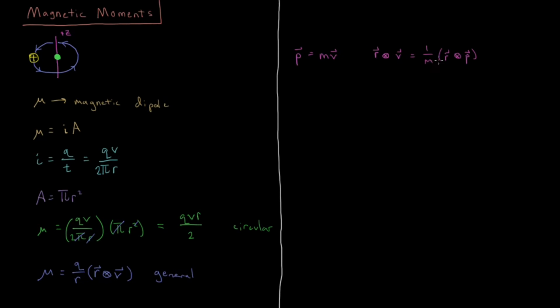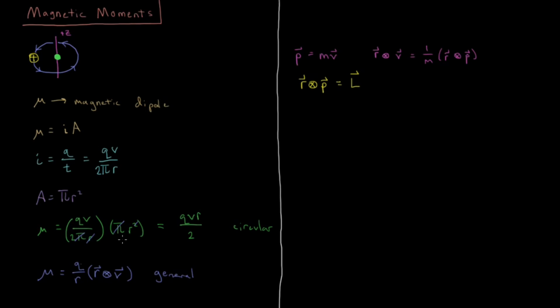So if we divide by m, we have r cross p there. And this r cross p, our radius vector crossed with our momentum vector, is equal to the value of angular momentum, capital L. So angular momentum is our radius vector crossed with our momentum vector.